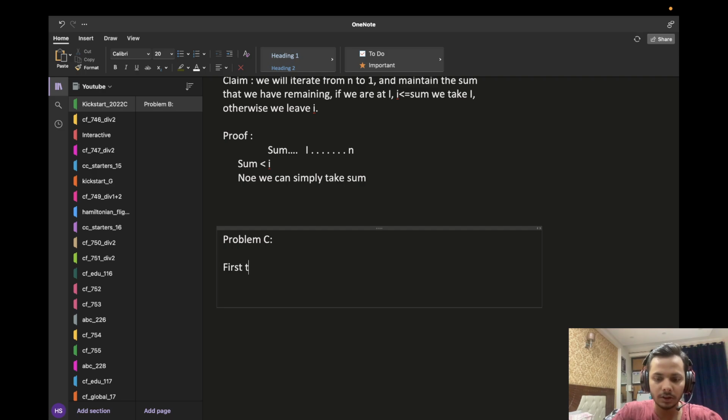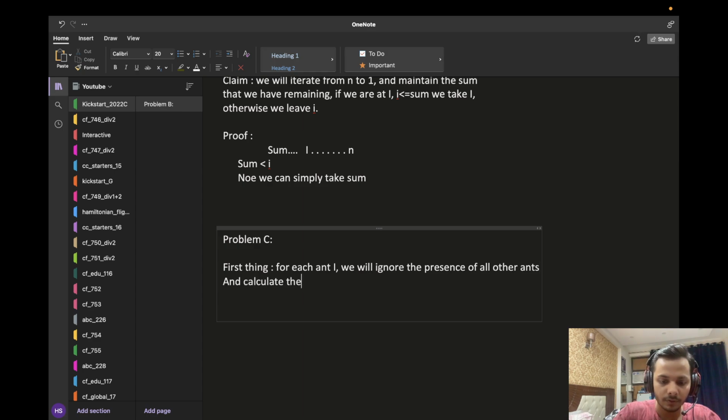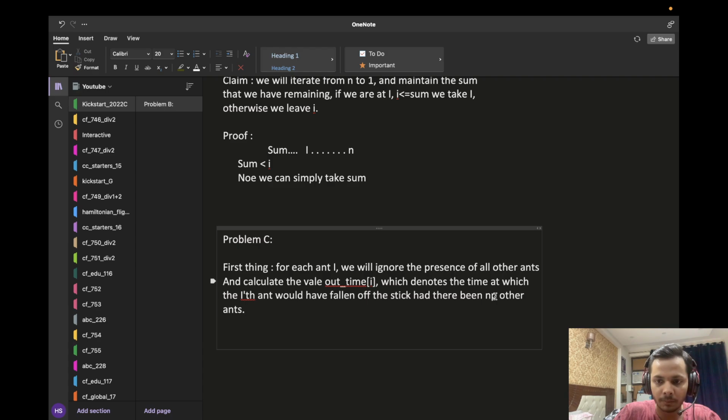So the first thing that we should do is that for each ant i, we will ignore the presence of all other ants and calculate the value out time of i, which denotes the time at which the ith ant would have fallen off the stick had there been no other ants. Okay, so yeah, this is pretty self-explanatory.